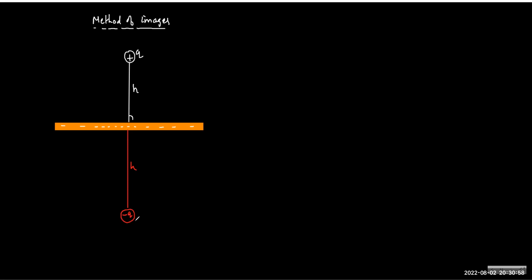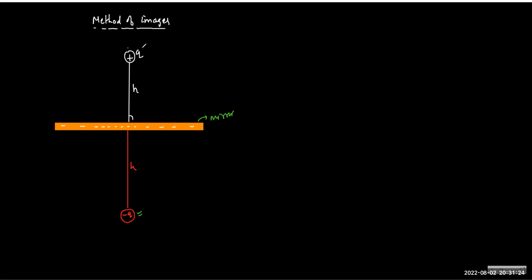So you can imagine another charge on the other side of the conductor at the same distance, and the conductor behaves as if it is acting as a mirror. The moment you consider this as a mirror, it will have the reflection here, right? But in the reflection, you must change the polarity. That's the whole idea.